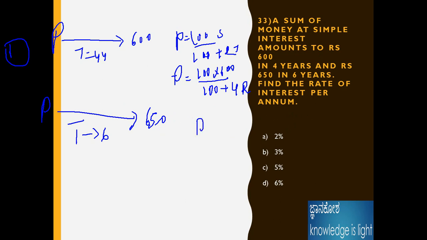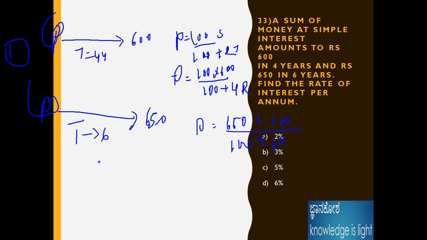Now it is 650. P is equal to 650 into 100 divided by 100 plus 6R. Here the sum of money is the same in both cases, so I may keep P as a constant. Therefore, P1 is equal to P2.